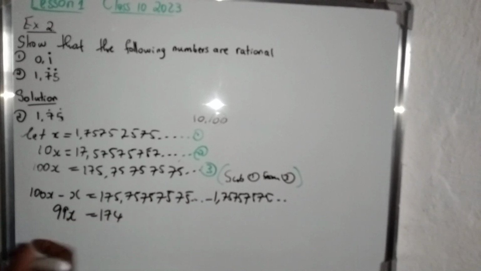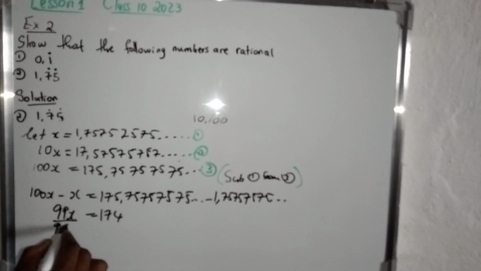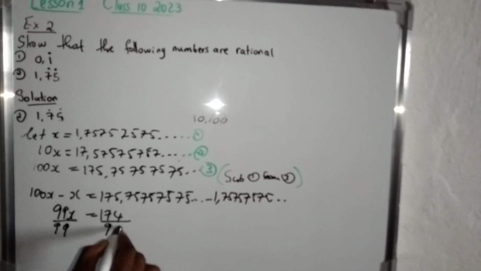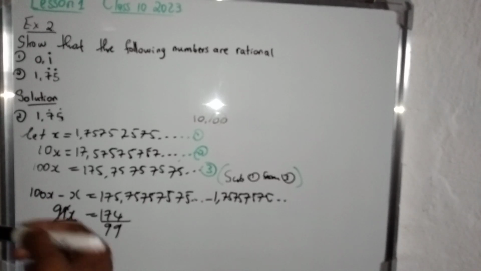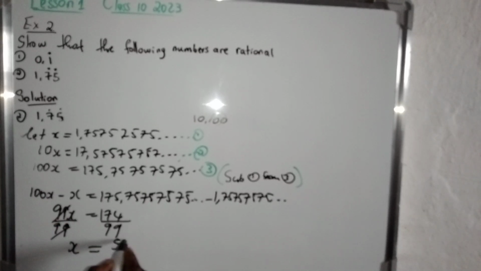Remember, we're solving for x. So what do we do then? We simply divide by 99 on both sides. This will nullify, therefore x is going to be 58 over 33. So we are done here.